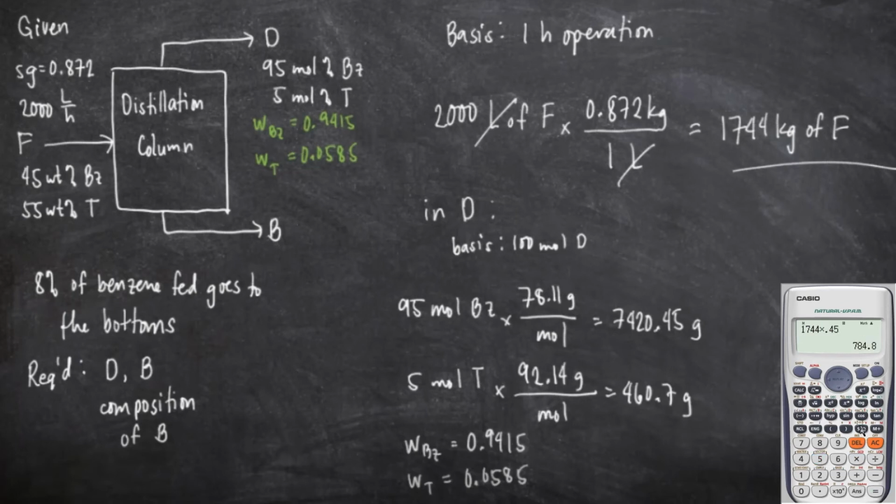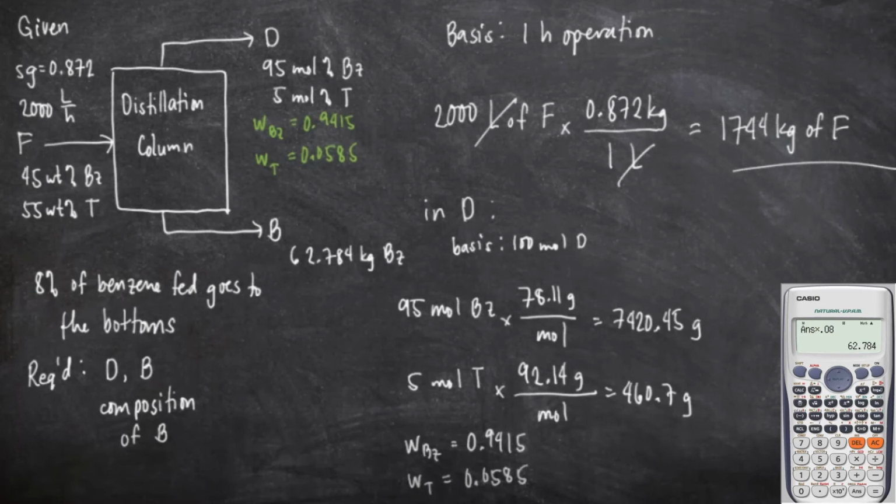So we can say that 784.8 kilograms is the mass of benzene in the feed. And we are going to get 8% of this, 0.08. This is the amount of benzene that goes into the bottom stream. Okay? So we know that in the bottom stream, there is 62.784 kilograms of benzene.